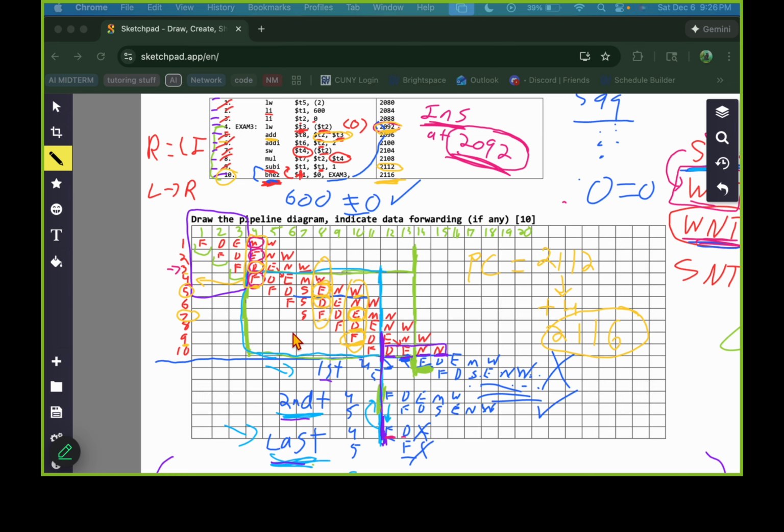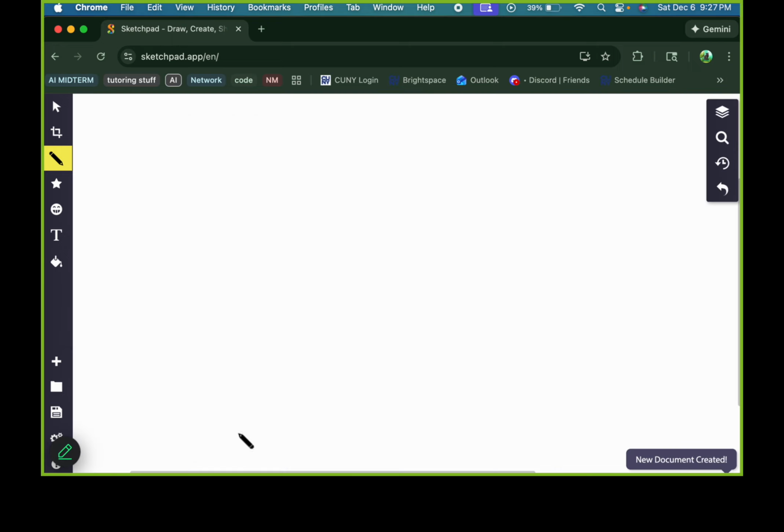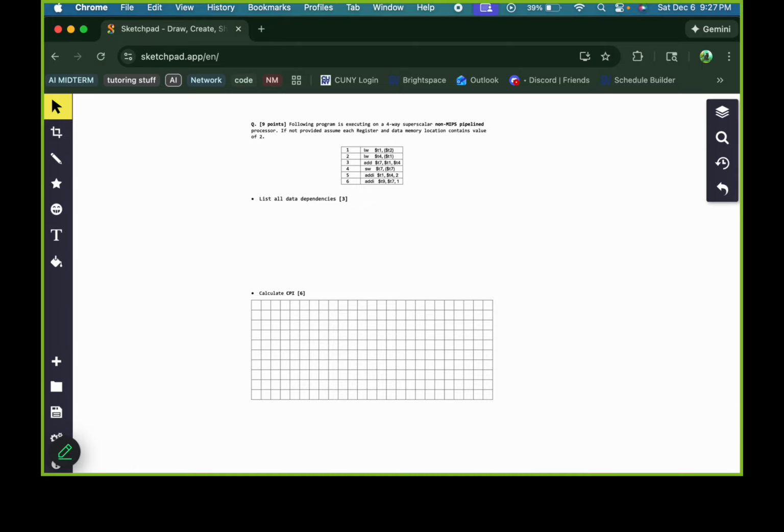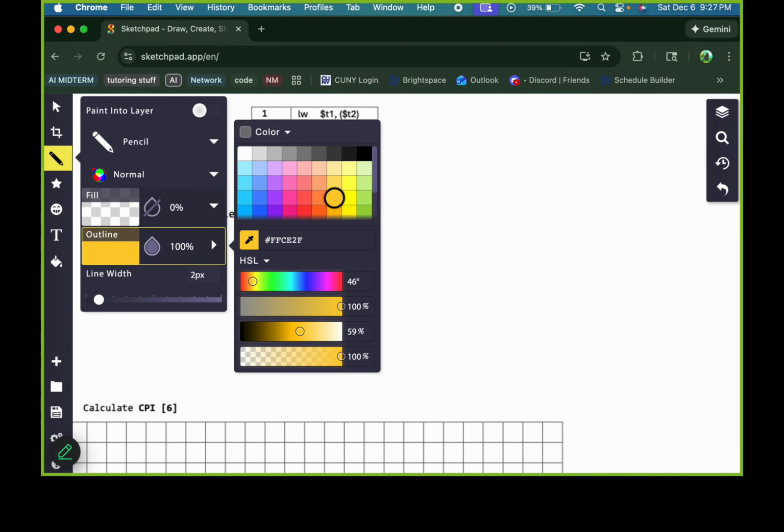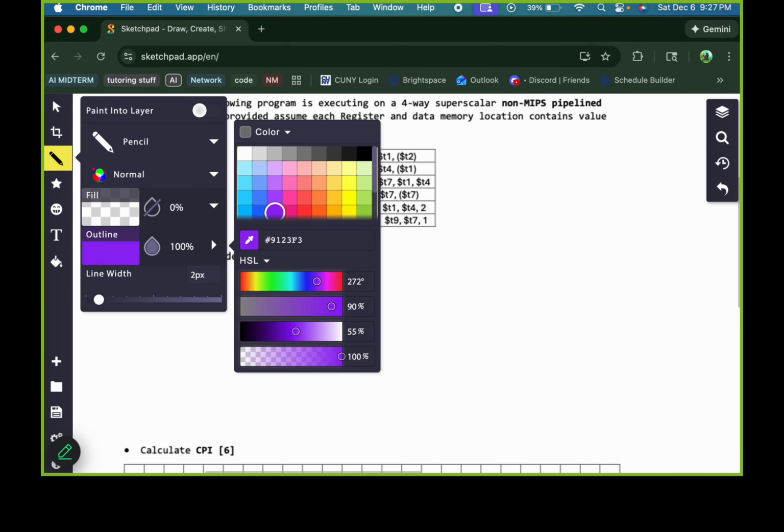So let me just open a new tab here. All right, so we're going to just start with the data dependency part and then go from there, right?